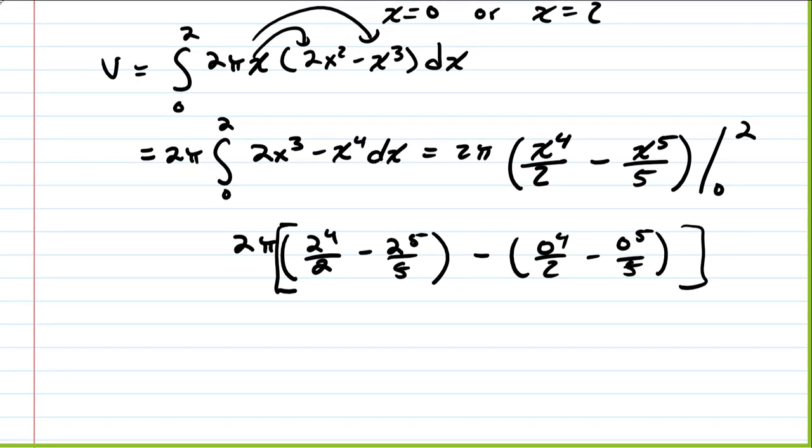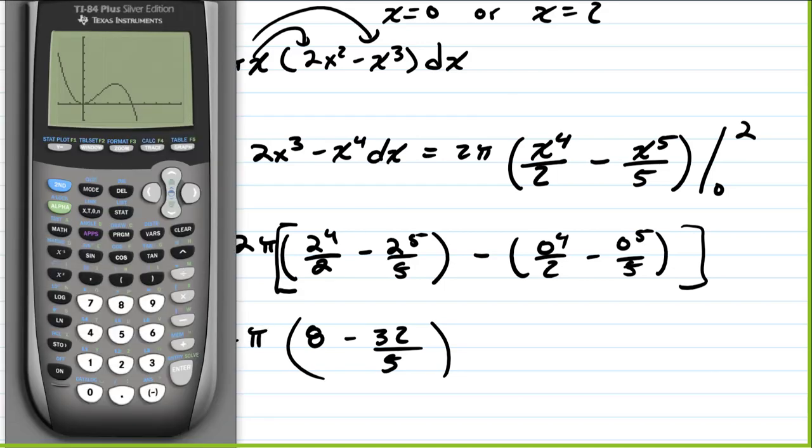2 to the 4th is, well, 2 to the 3rd actually is going to be 8. 2 to the 5th is 32. Those are all 0, times 2 pi. And we probably should have just used our calculator because I don't trust myself anymore. So let's go with 8 minus 32 over 5.